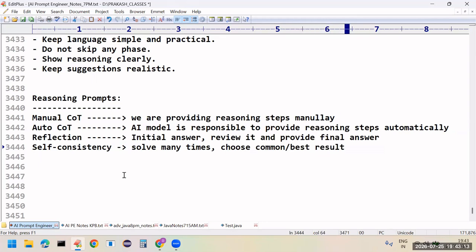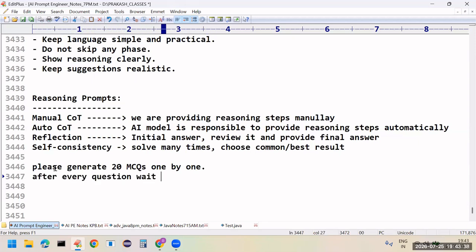Sir, can I go for a small 20 MCQs just on these 4 topics so that we can check our knowledge? Yeah. So I will write a prompt. Please generate 20 MCQs, one by one. After every question, wait for my answer.